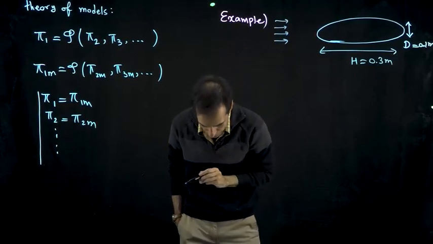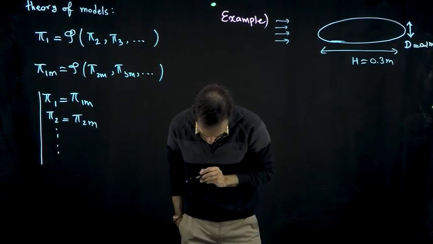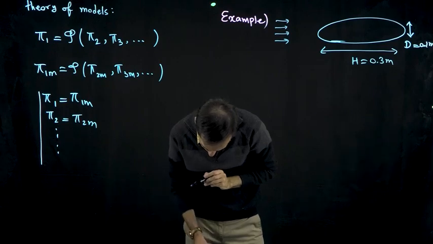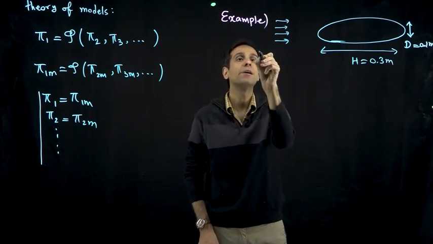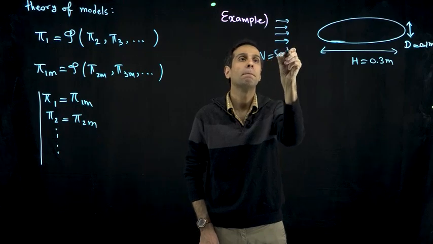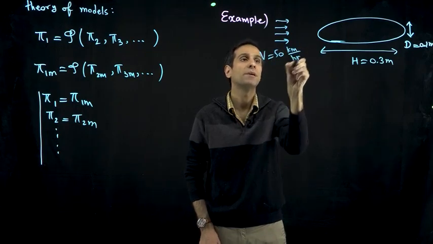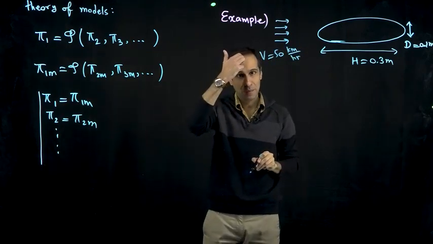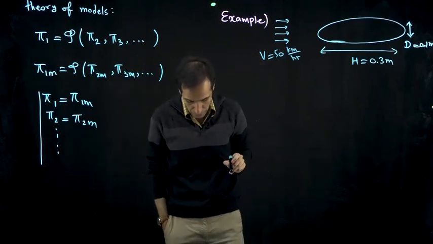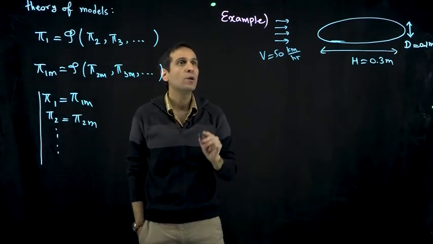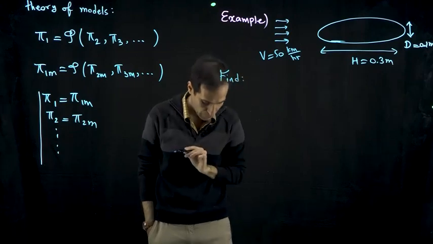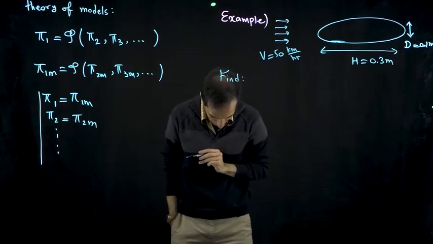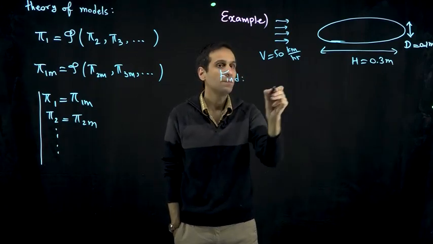Velocity is also given, which is 50 kilometer per hour. And also, what I need to know is this. I need to find h of the model.